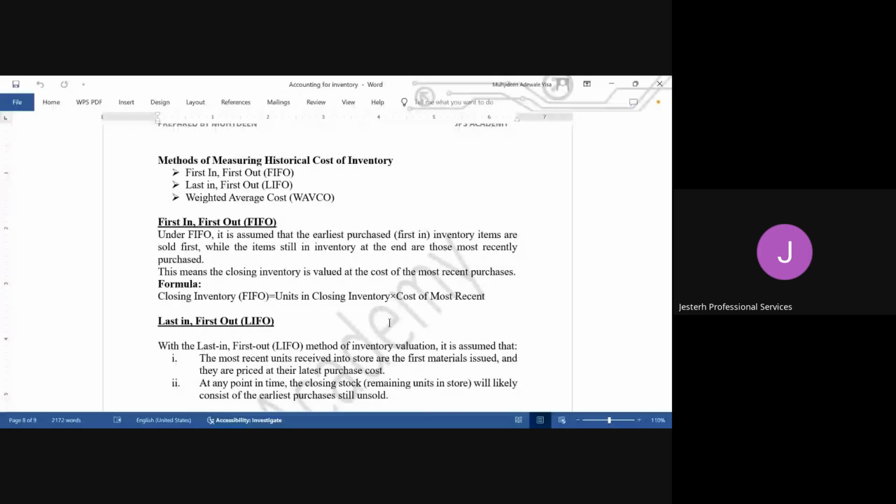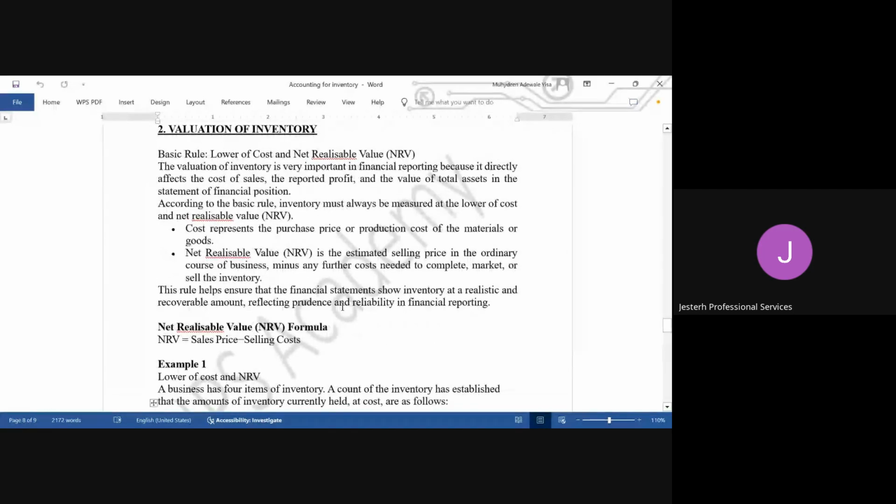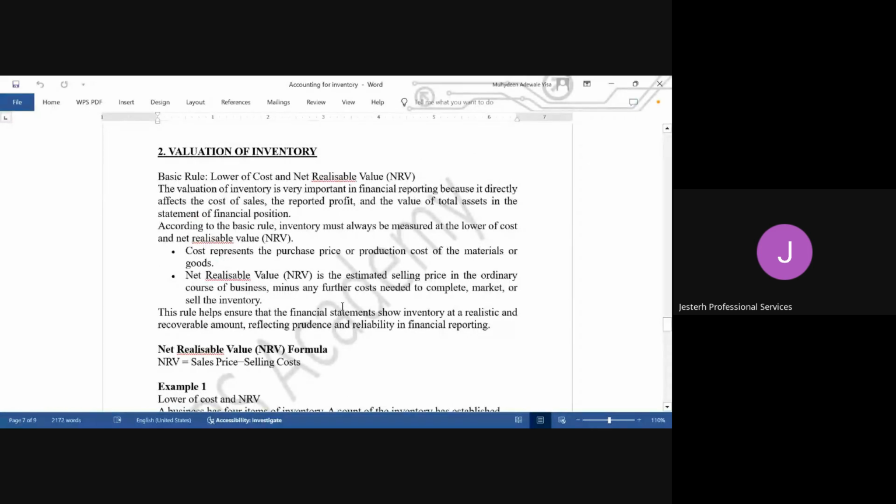And at the end of the class, we were also able to talk about valuation of inventory and how we can value our inventory, where we used one illustration on how inventory, let me use Trulog so that you can go see, where we talked about the basic rule, where we say inventory is valued at the lower of cost and net realizable value.